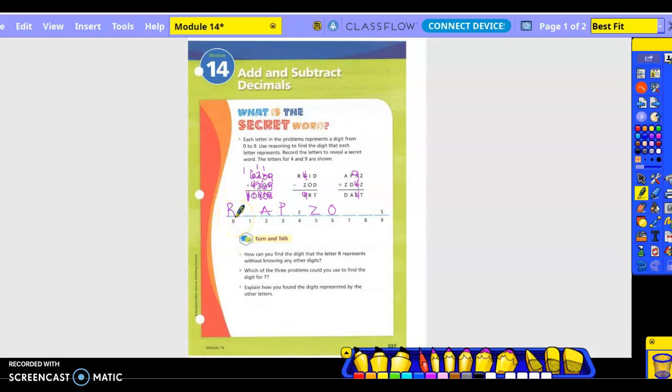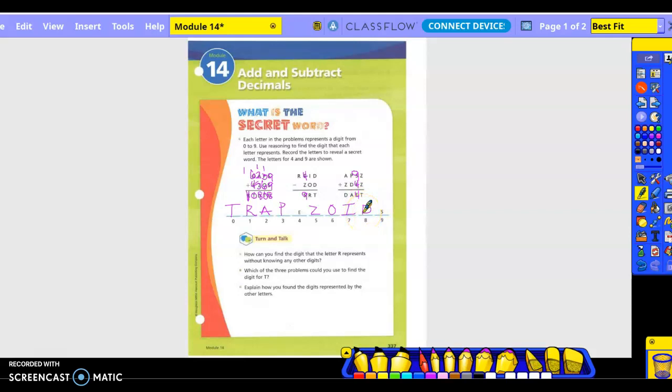Oh, I put that in the wrong spot. Okay, so TR. What do you guys think that might be? Trapezoid.